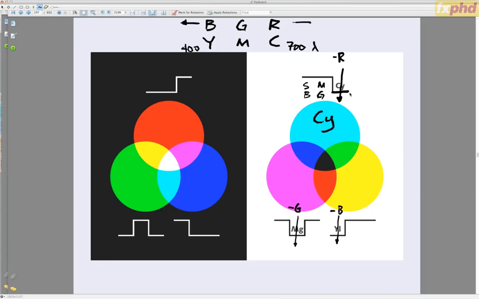But removing the long waves is done with a cyan filter. That's one of the subtractive primaries. Yellow is another subtractive primary. Remove long wave, remove short wave, you're left with green. And similarly, you remove medium wave, remove long wave, you're left with short wave, which is blue. So that's the mixtures that you get from subtractive mixture.